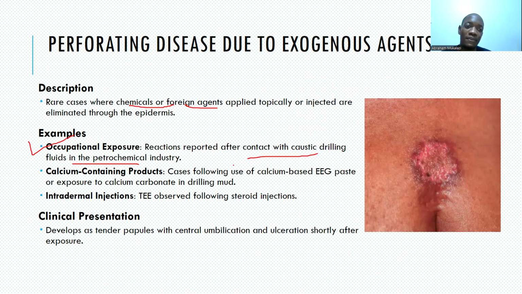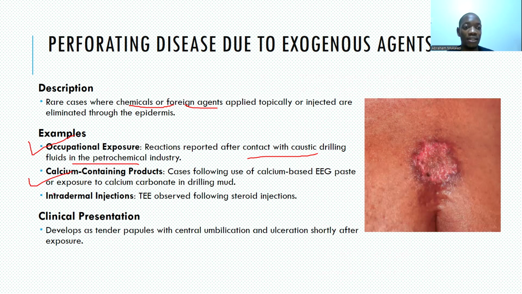Then the body tries to eliminate them. Other things like calcium-containing products have also been reported to cause similar manifestations, especially calcium-based EEG paste and exposure to calcium carbonate in drilling mud. So these people dealing in the oil industry and construction industry can present with this type of perforating dermatosis.